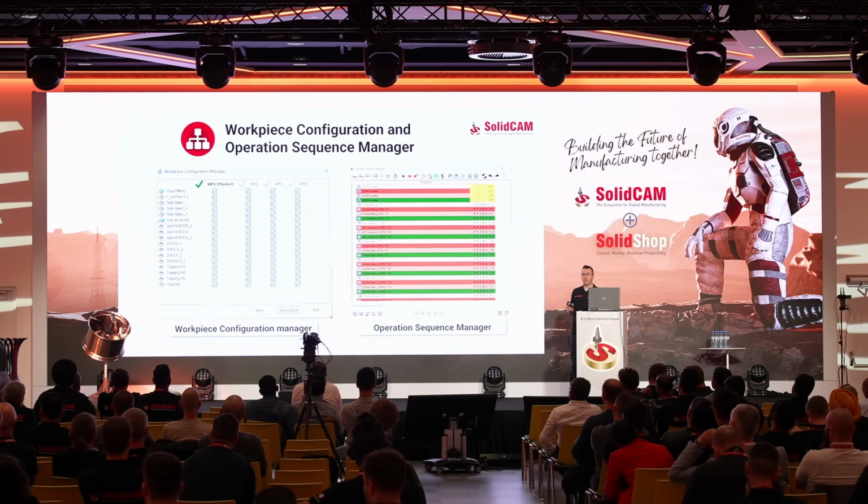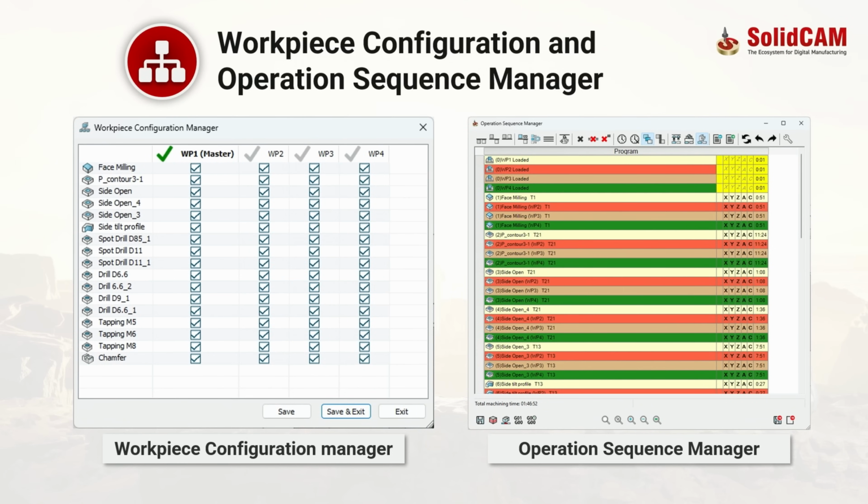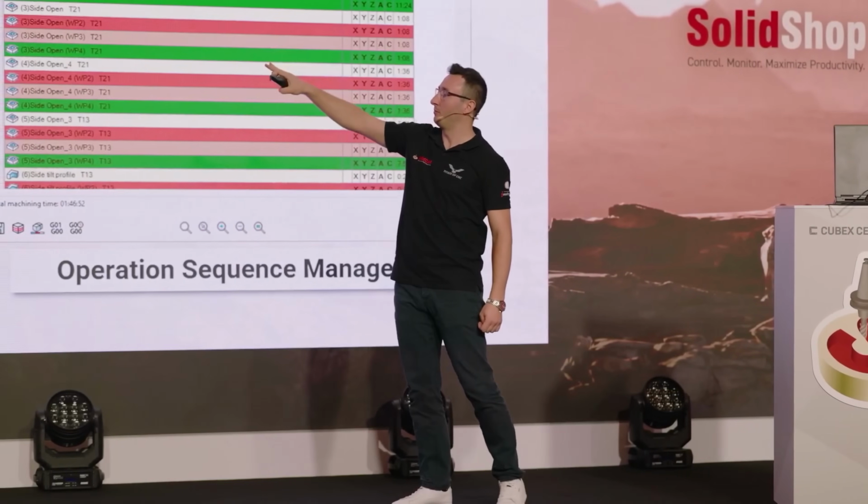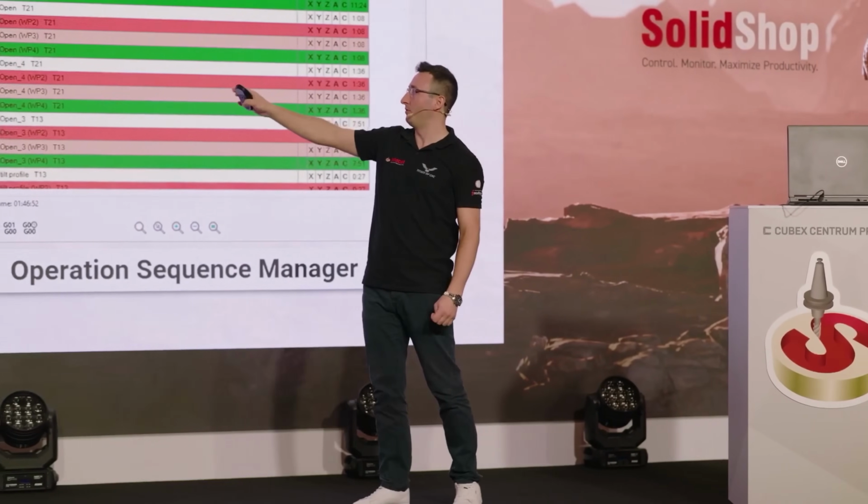In parallel with that, we developed two things. First is the workpiece configuration manager, where you can see every one of these CAM trees for each individual workpiece, with the configuration on the top. You can play with this, which operation will be suppressed, which not.